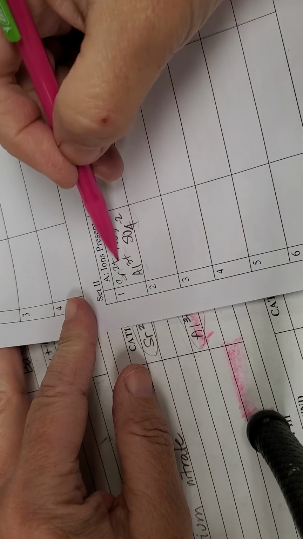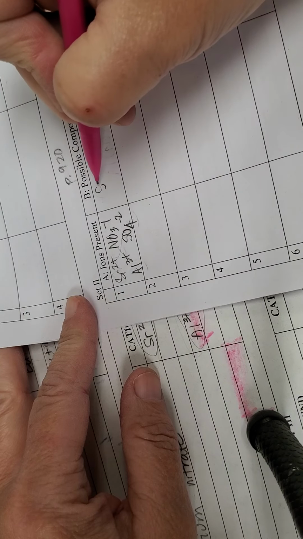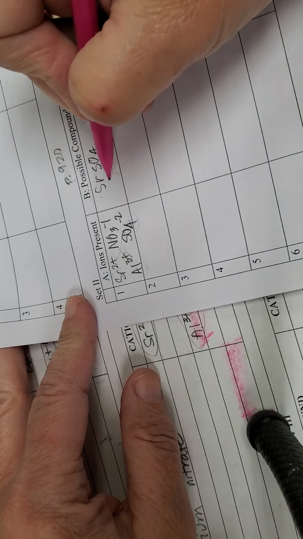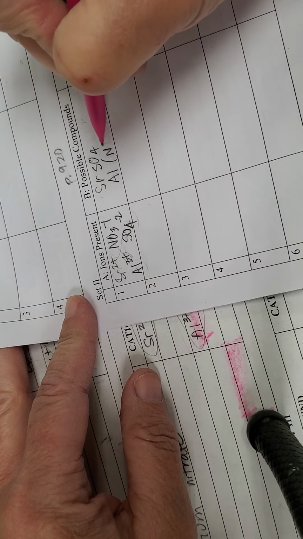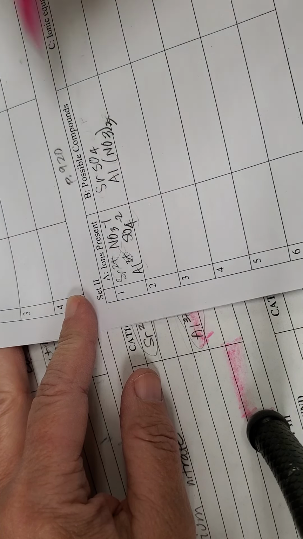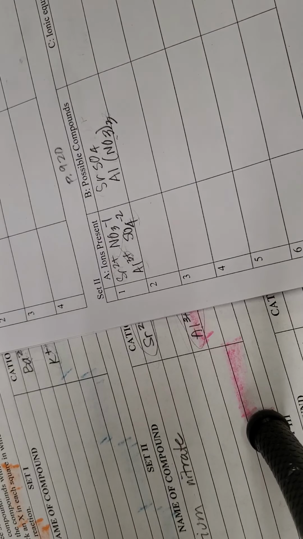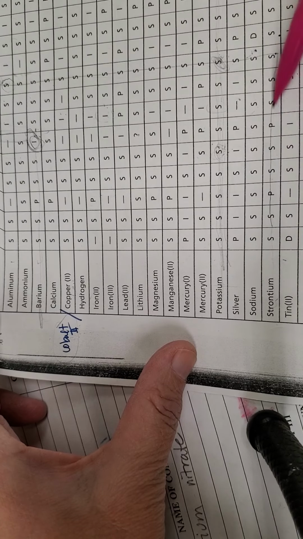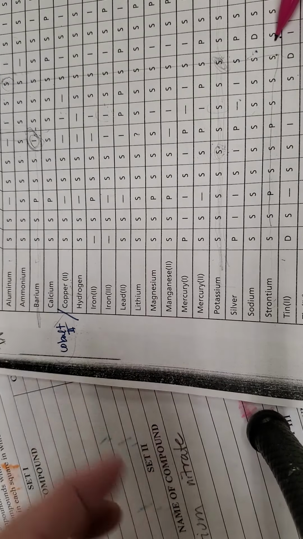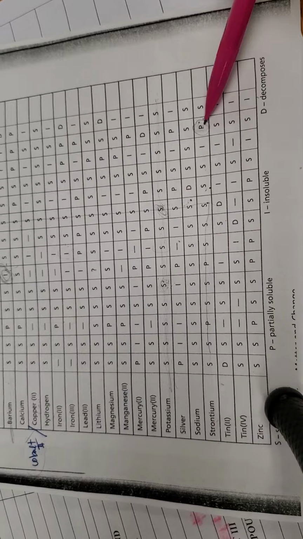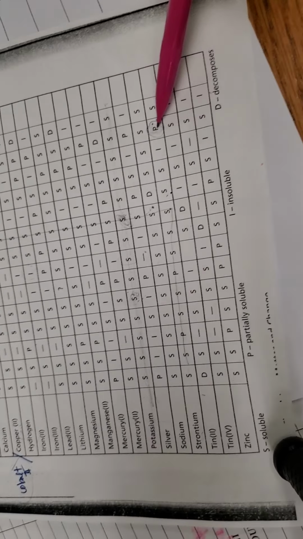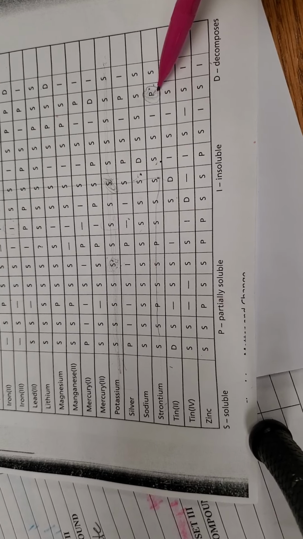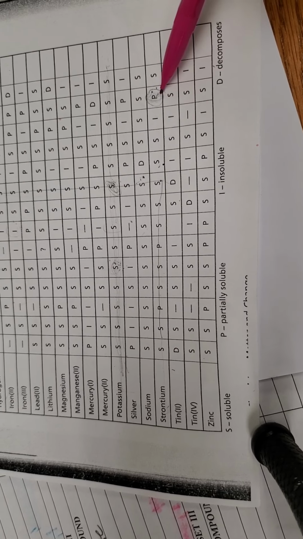Okay, possible compounds, opposites. So SrSO4, aluminum's a +3 and nitrate's a -1. And again, this is good practice for writing our formulas. Now I'm gonna go to the chart and look these up. Strontium is right here, and my sulfate is right here, comes to a P. The P on this chart says partially soluble, but we will see a little bit. Sometimes when people are doing their lab, it's a little bit cloudy.